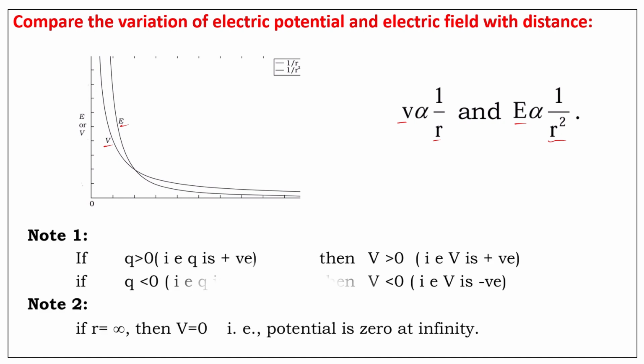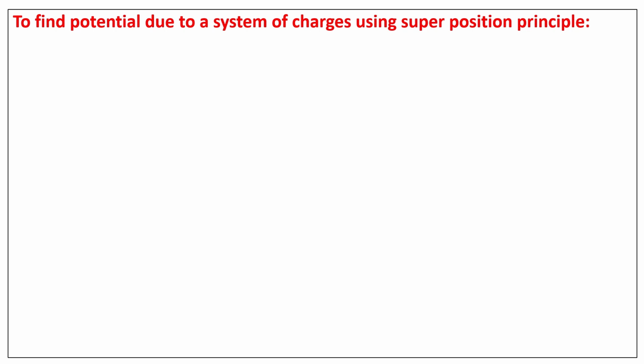Here, if Q greater than 0, then V greater than 0. Both Q and V are positive. If Q lesser than 0, then V lesser than 0. Both Q and V are negative. If R is equal to infinity, then V is equal to 0. Potential is 0 at infinity.